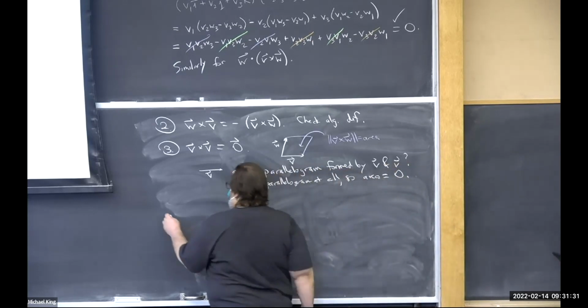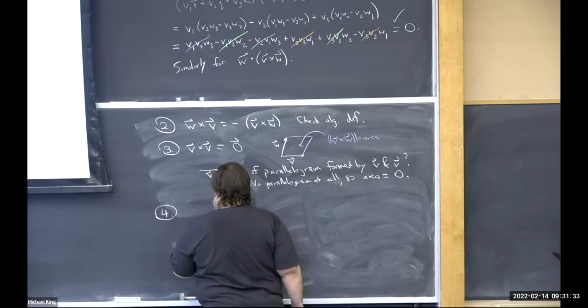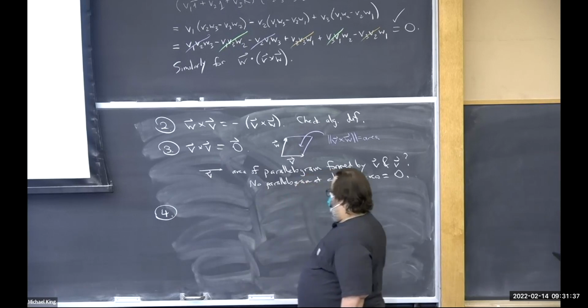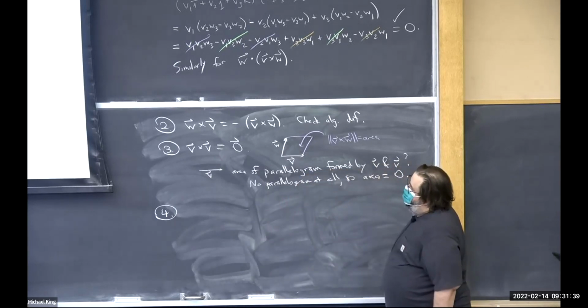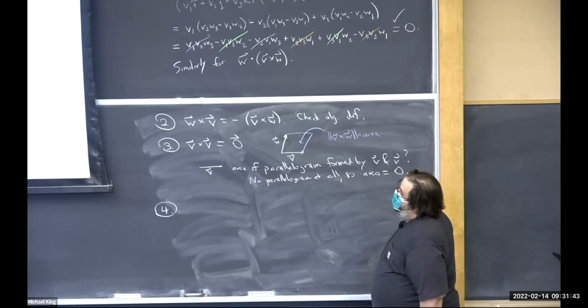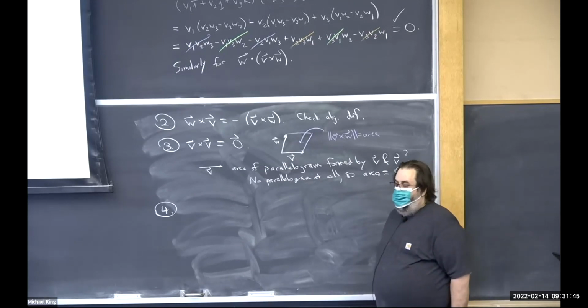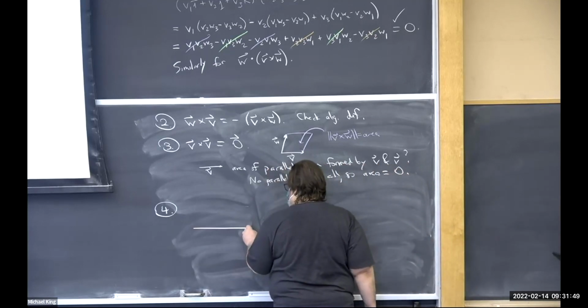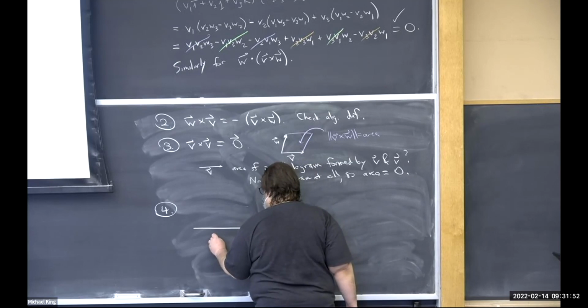Okay, another property is this one in number 15, that there's another formula for the magnitude of V cross W. In fact, let me draw this parallelogram again.